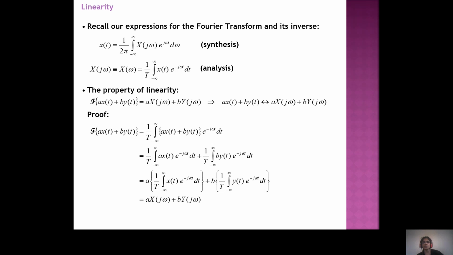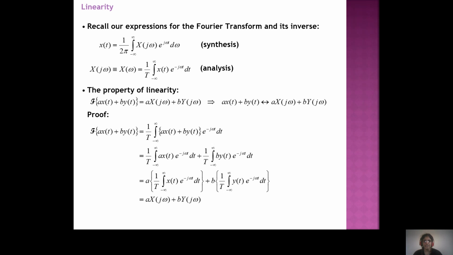So we have to prove that the Fourier transform of a x of t plus b y of t is equal to a X of j omega plus b Y of j omega. So how do you prove it?